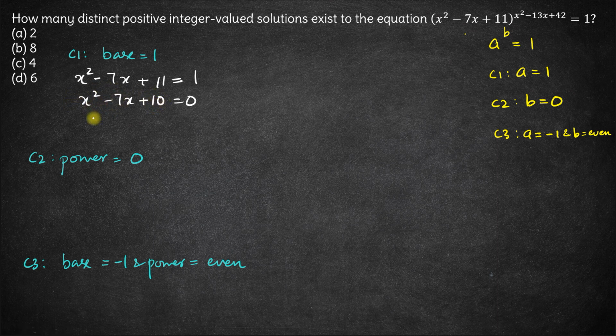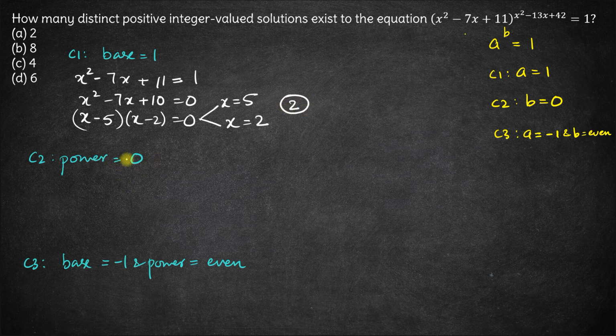The numbers will be minus 5 and minus 2. So we have (x minus 5)(x minus 2) is equal to 0. So either x is equal to 5 or x is equal to 2. So we get two solutions of x here.